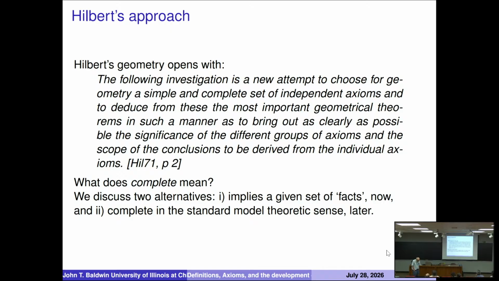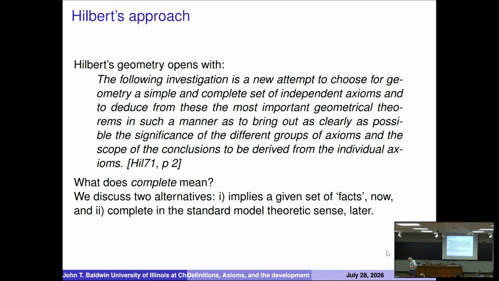So there's a couple of good questions here, like what is complete, and what is independence? Well, yes, he hasn't said independence. He says the significance of the different groups of axioms.